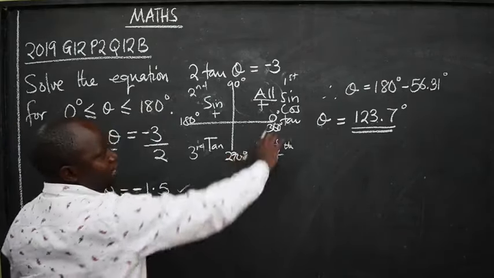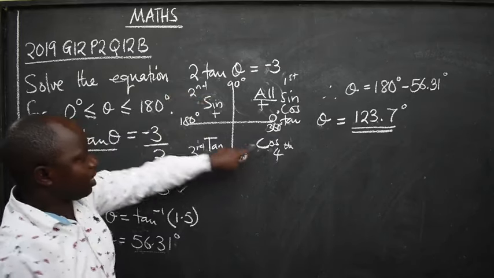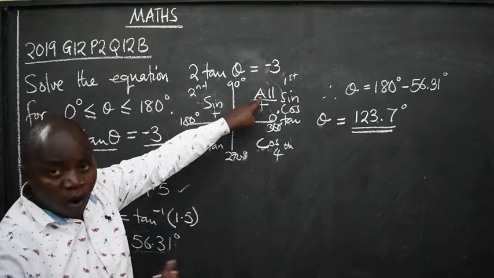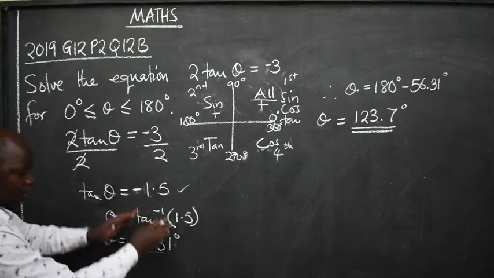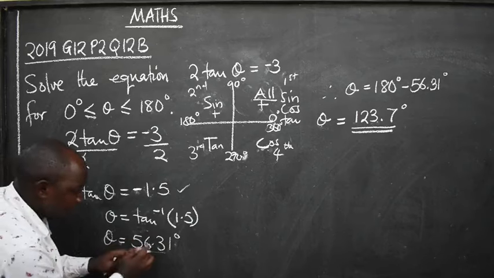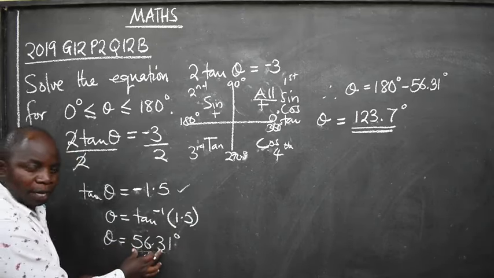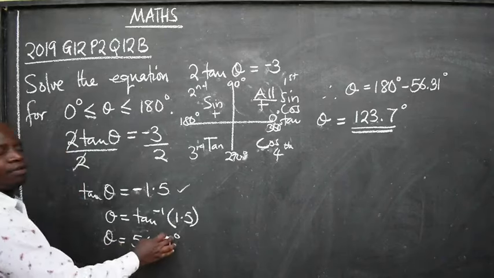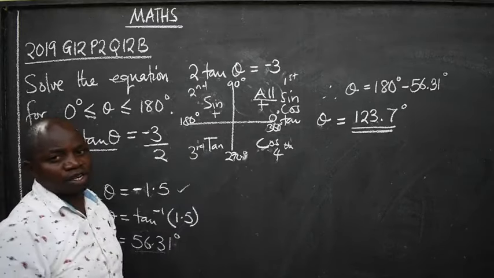You are going to use this one. Don't forget, all students take calculus, A for all of them. Whether you are given a negative or positive here, the first answer that you should get should be a positive value. So you get this one here. Then this one will now help you find answers in the other quadrants.